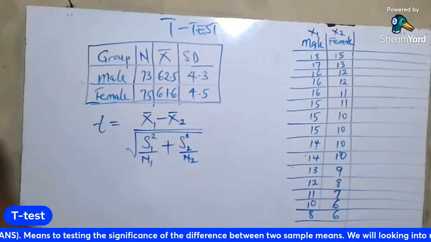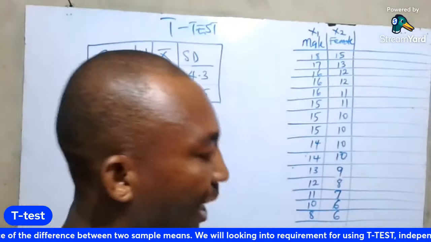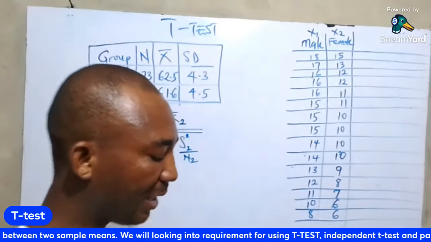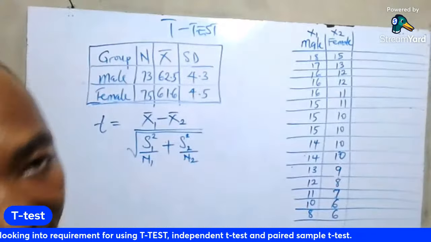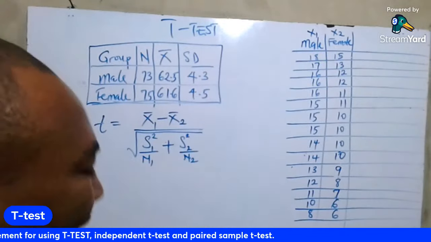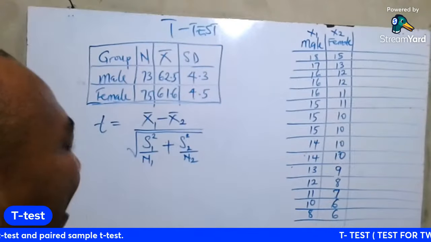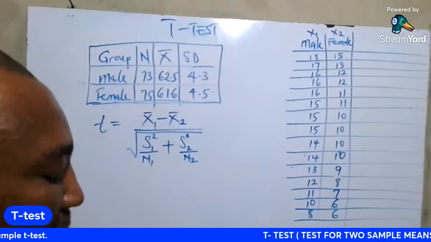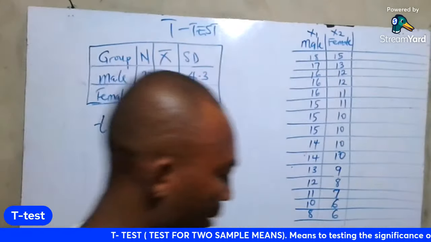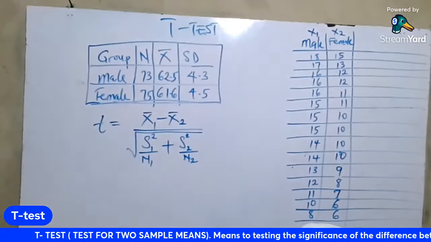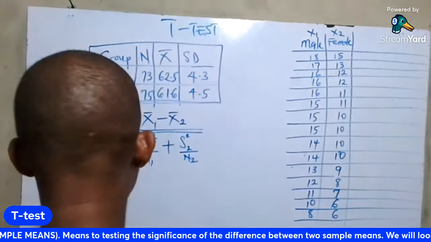These questions are talking about a researcher who is investigating a gender difference in a student achievement test. They have conducted the test, and they want to find out if there is a gender difference in student achievement. They got these values, and you want to look at whether there is a significant difference between the two.